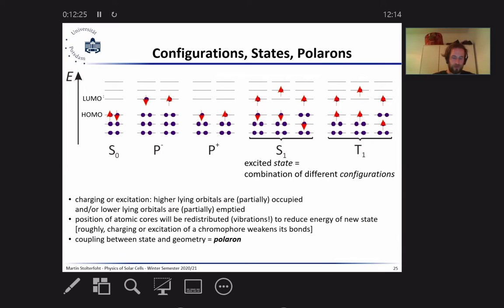So why is this important? In organics, we speak not about free electrons and free holes, but about free polarons moving. The polaron already considers the distortion of the lattice due to the charge.